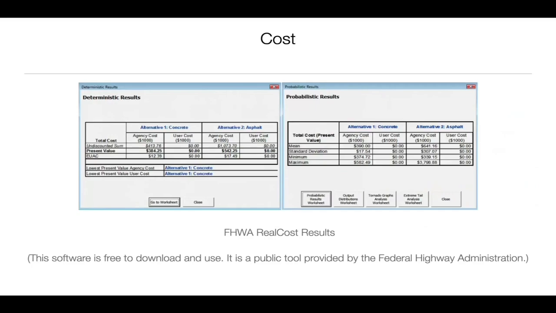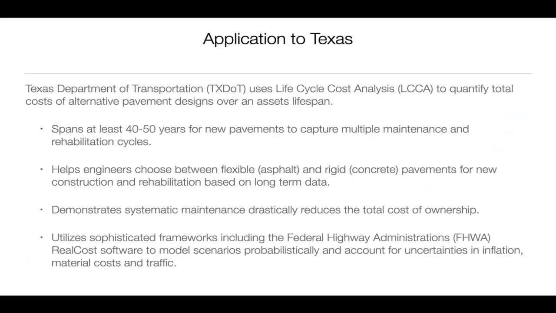And this is an example of the FHWA RealCost results. So that's the Federal Highway Administration. And that's just the software. The FHWA RealCost results is the software. And so this software is free to download and use. It's a public tool that's provided by the Federal Highway Administration.